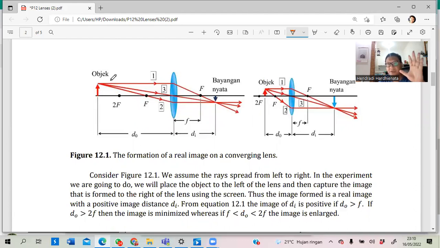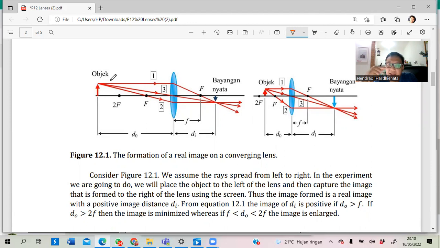You can see the image with your eyes, like an optical illusion, but you cannot catch it. But the real image, you can display on a screen. You can even put your hand on it, and the image will be formed at your hand.